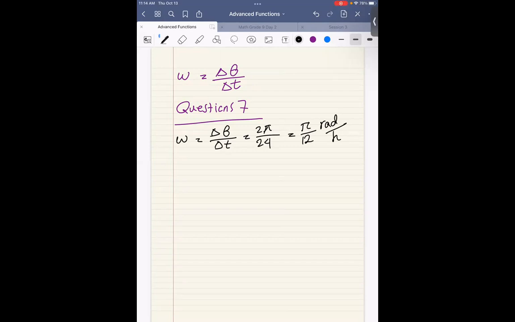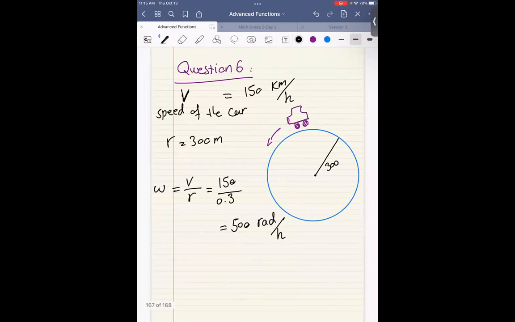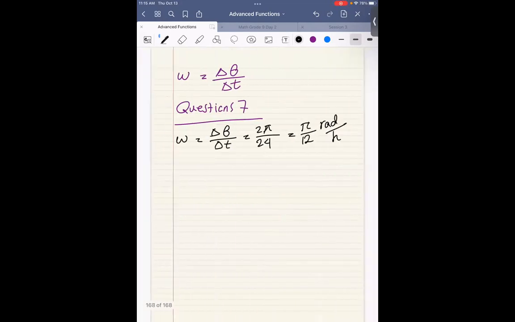So the interesting next question is to find the linear speed of the surface of the Earth. This is the angular velocity. What is the linear velocity? We know the relation between angular velocity and linear velocity. We obtained it here.